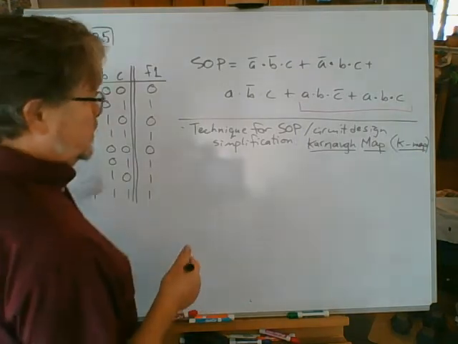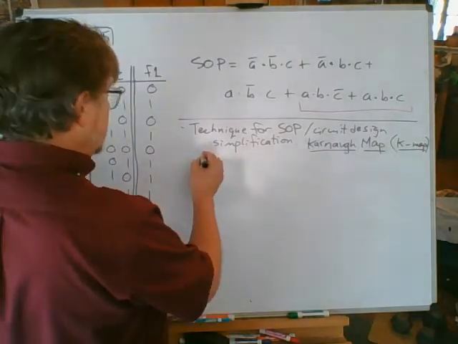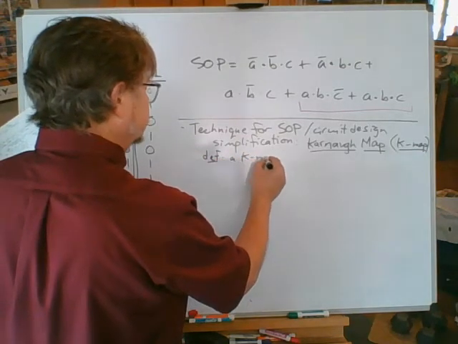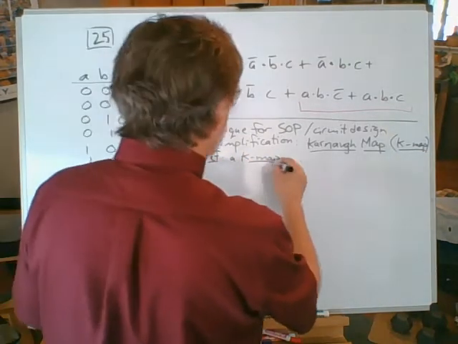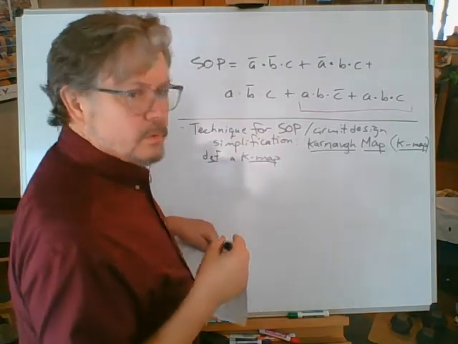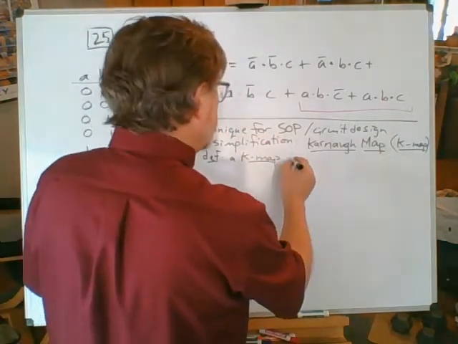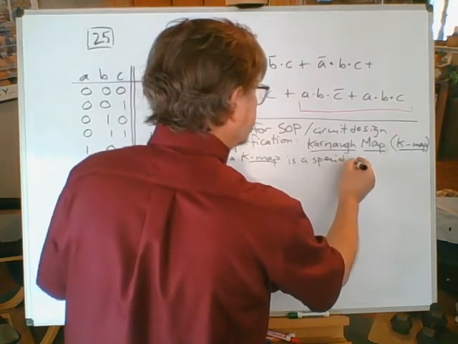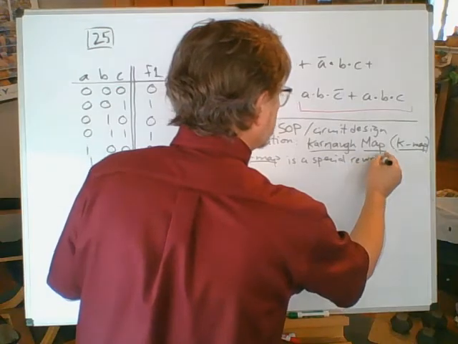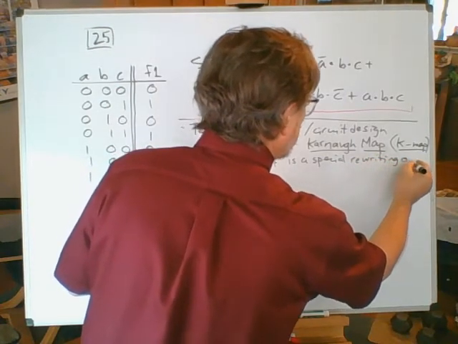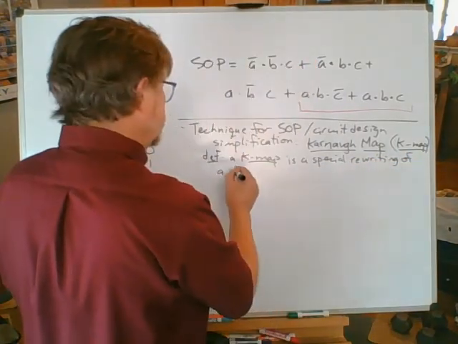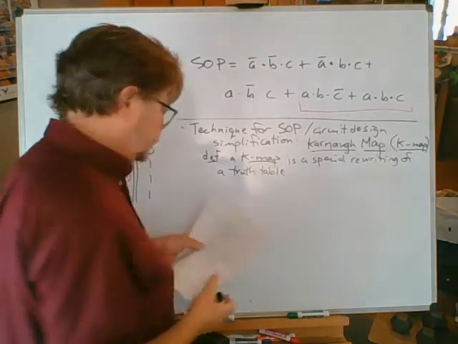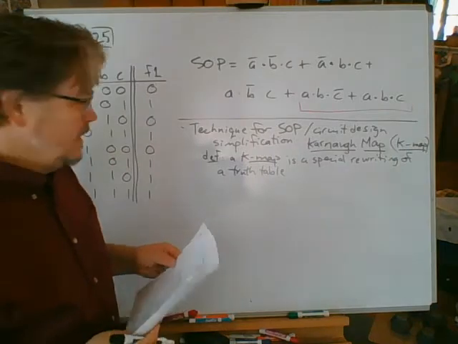I'll briefly define it. Definition: a K-map. I'm going to call it a special rewriting of the truth table, because really that's what it is. A K-map is a special rewriting of a truth table in a different format.